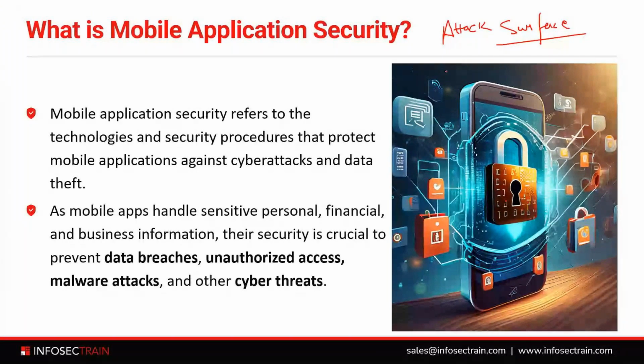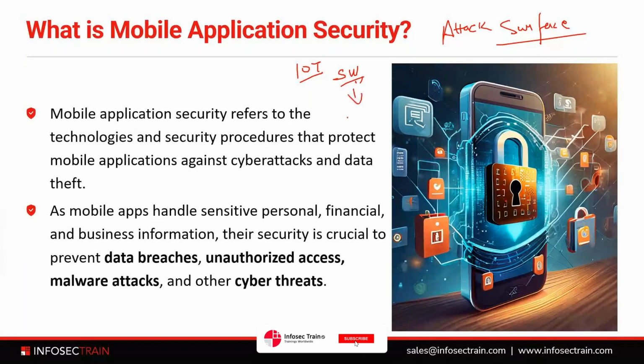So let's take an example. You have an IoT device, let's say a smartwatch, right? When you have a smartwatch, you have installed an application for that smartwatch inside your mobile phone, right? So if I have to attack, there will be multiple attack surfaces.